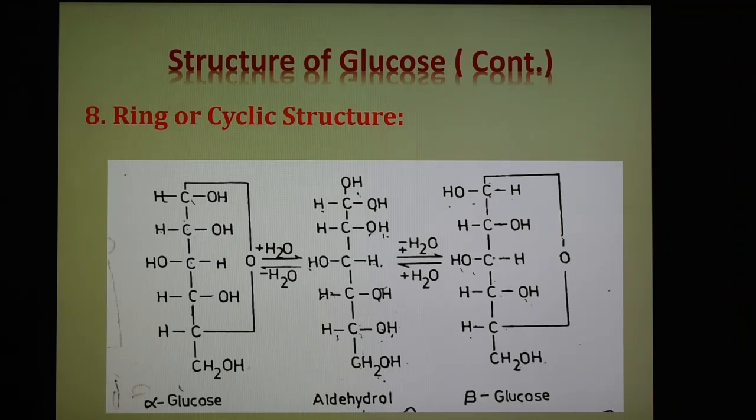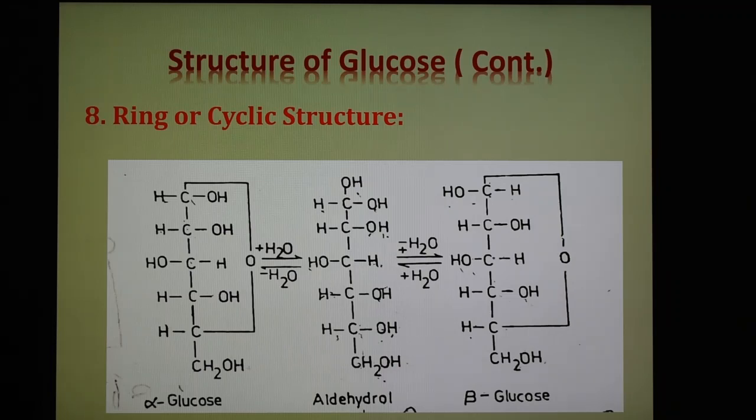Number 1, glucose does not restore the pink color of Schiff's reagent and does not react with ammonia or sodium bisulfite, even though it consists of an aldehyde group. Second, glucose pentaacetate does not react with hydroxylamine, showing the absence of an aldehyde group.